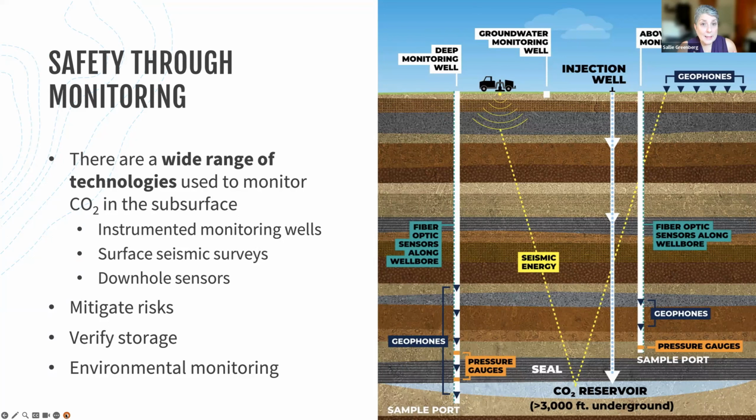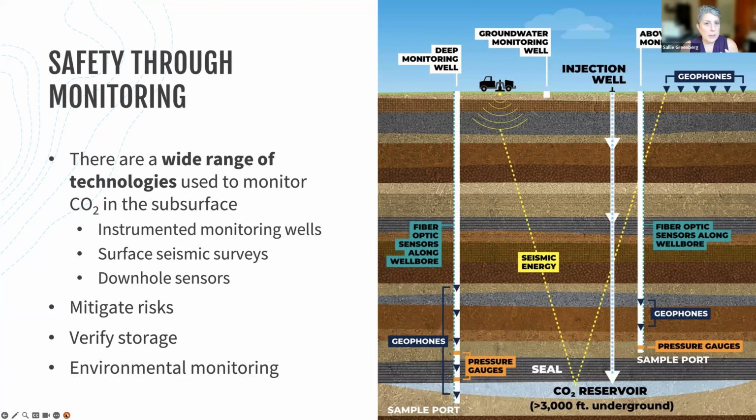So what we do ahead of time is we characterize the site. We take seismic studies, which are sort of like taking a sonogram of the Earth, where we send energy waves down and reflect back and record, and we get a picture of what the Earth looks like in the subsurface where we're interested in.